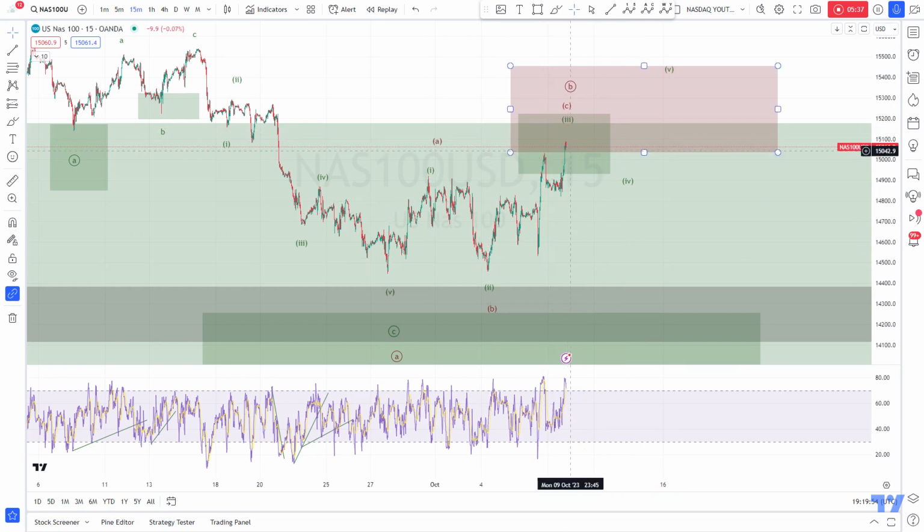What will we do from here? Do we get this fourth and fifth wave? And then in the next step, if we correct this potential wave one up here, then we really should hold this low right here.